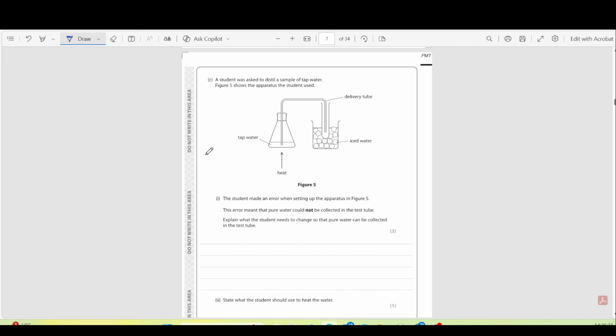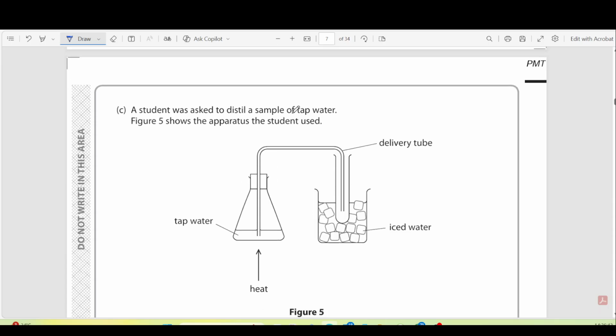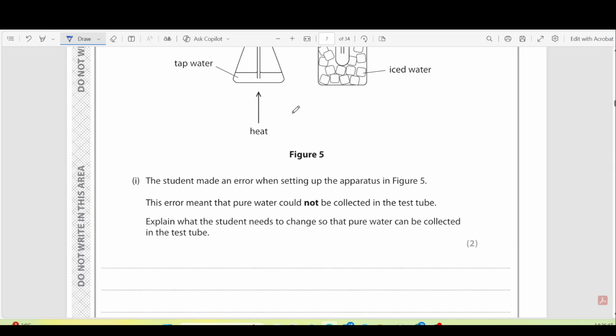Next is this question, which says a student was asked to distill a sample of tap water, and this is the setup used by the student. The student made an error in setting up the apparatus. This error meant the pure water could not be collected in the test tube. Explain what the student needs to change so that pure water can be collected.